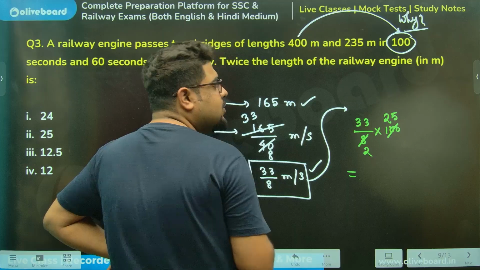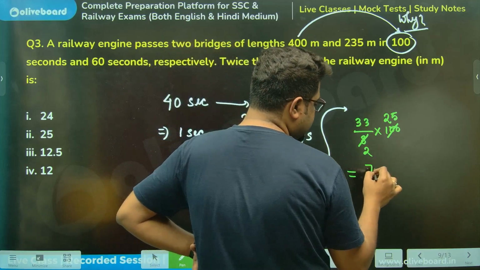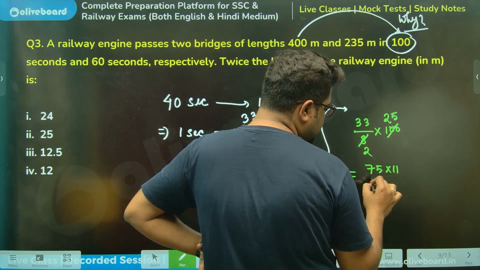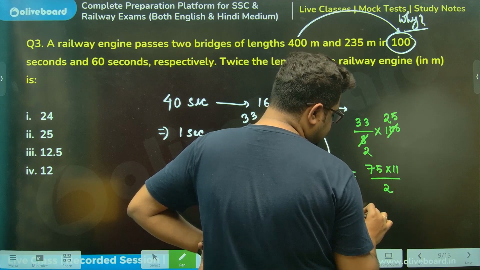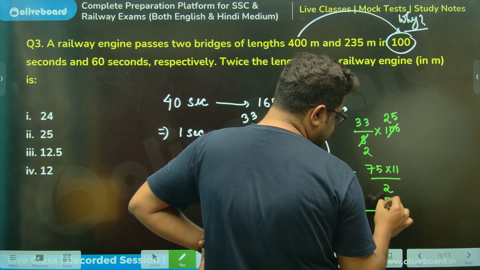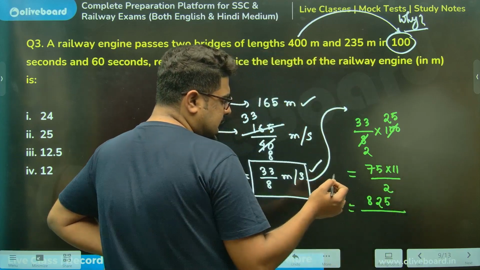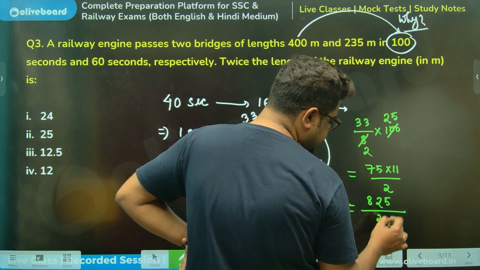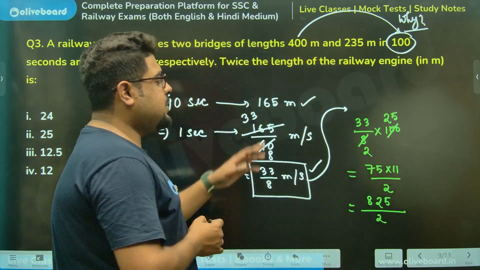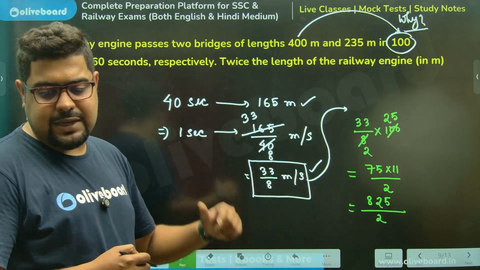Now, 25 into 33, 75 into 11 by 2. 75 into 11, sir, 7, 5. 7 plus 5, 12, 1, 825, right? 825 by 2, sir. 825 divided by 2.